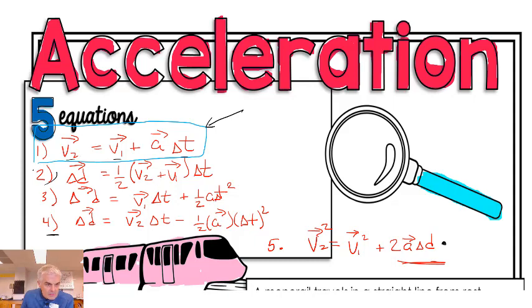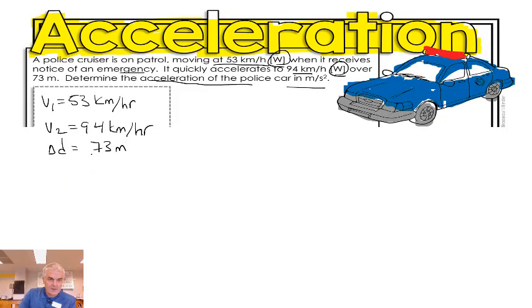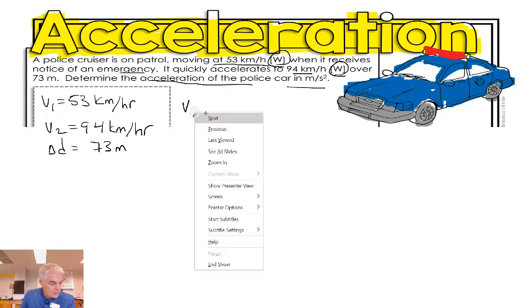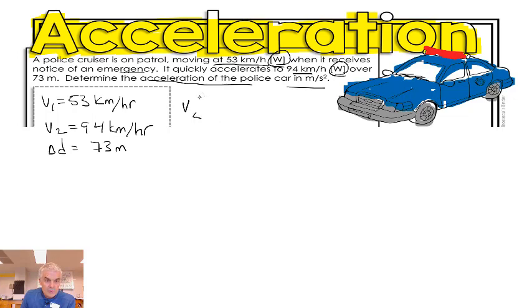It's going to be equation number 2. So we're going to use equation number 2. Let's jot down that equation. We're going to say V2 squared is equal to V1 squared plus 2A delta D.